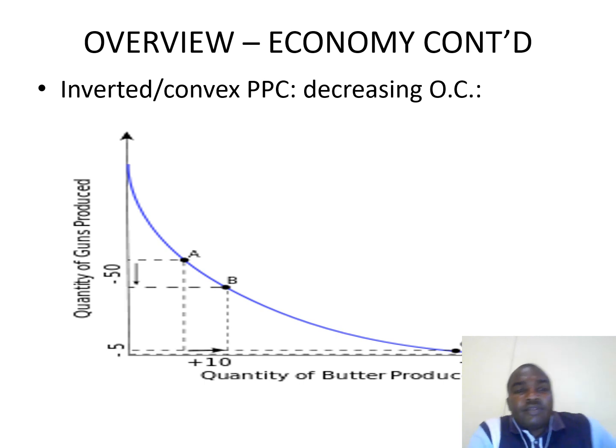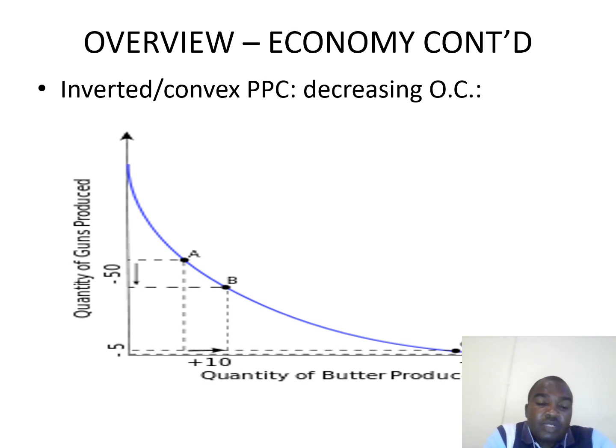We can also think in terms of an inverted or a convex PPC, which illustrates decreasing opportunity cost. In this scenario, if you look at your opportunity cost between points A and B, you realize that the MRT, or the opportunity cost, is initially minus 50 divided by plus 10, which gives us minus 5 as our MRT, or as our index of opportunity cost.